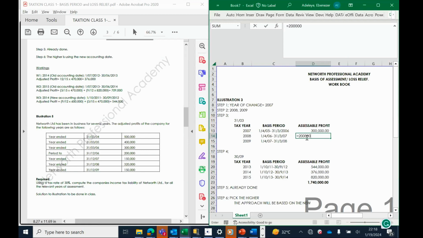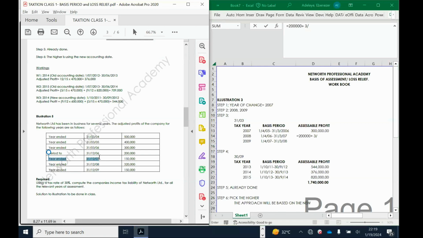So that would be 200,000 plus 3 divided by the remaining 3 months. To make it 12 months will now be in the next one. So from year to year is how many months? 12 months.